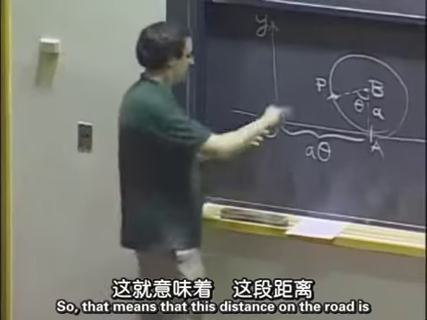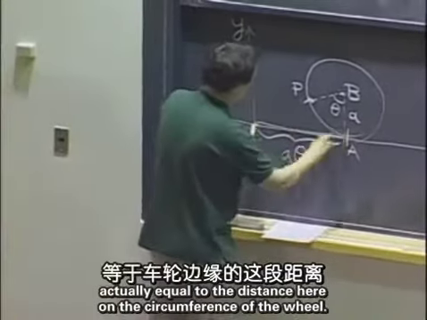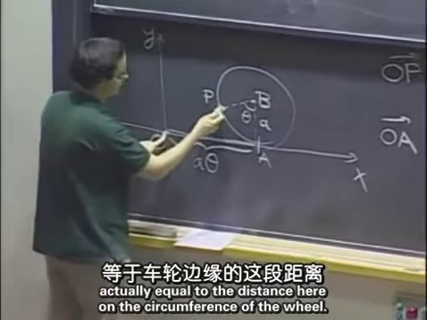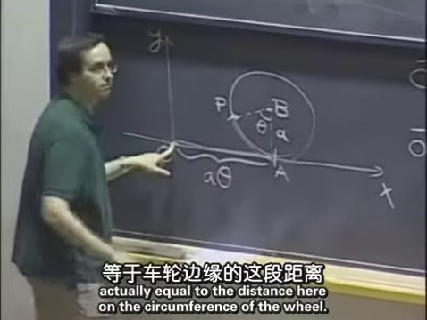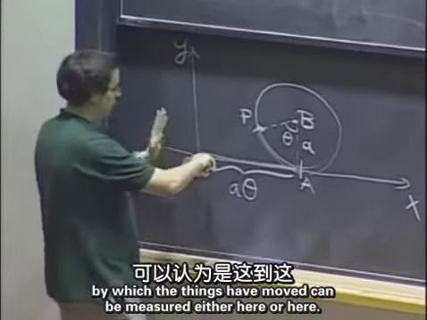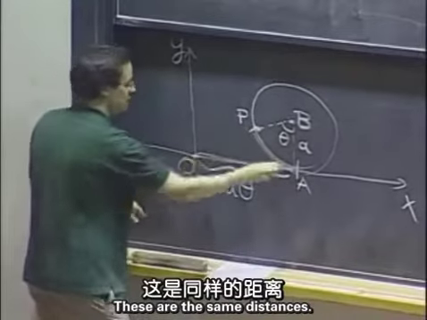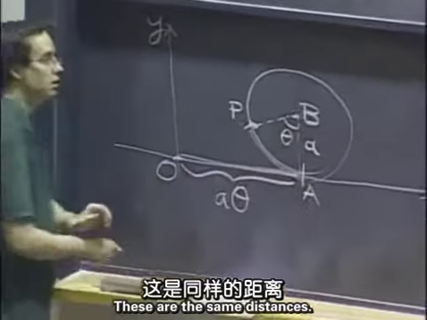So that means that this distance on the road is actually equal to the distance here on the circumference of the wheel. This point P was there, and the amount by which things have moved can be measured either here or here. These are the same distances. Okay?